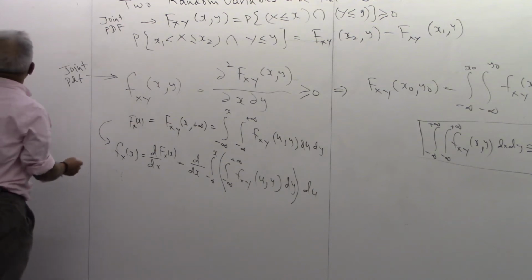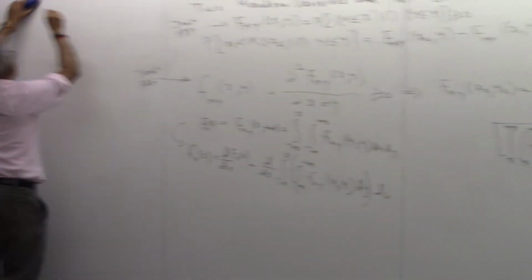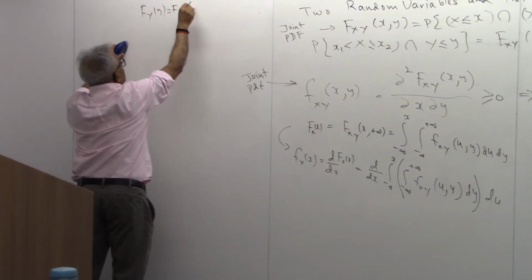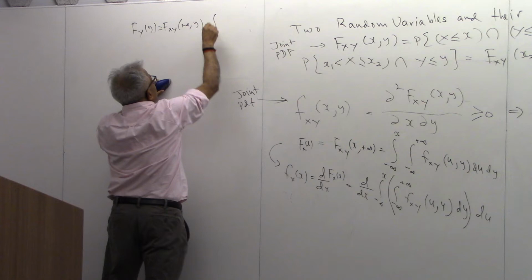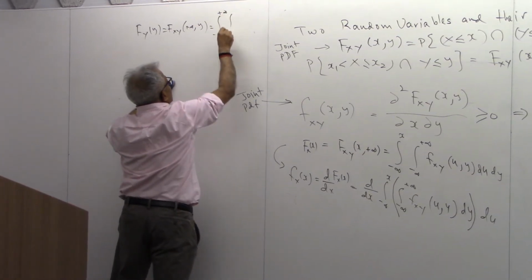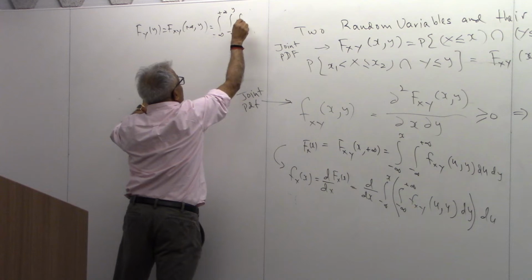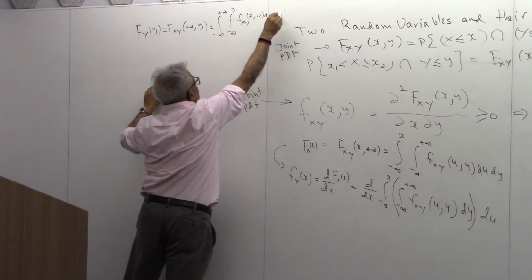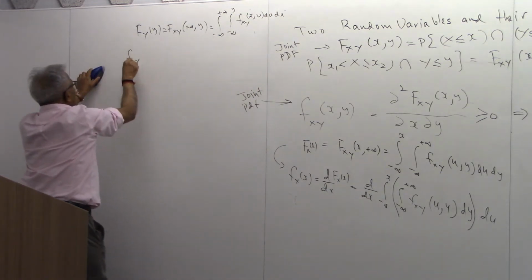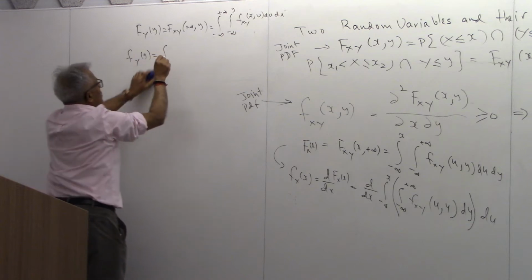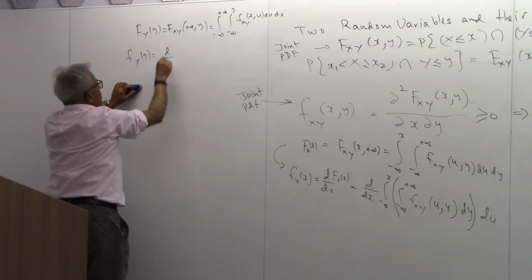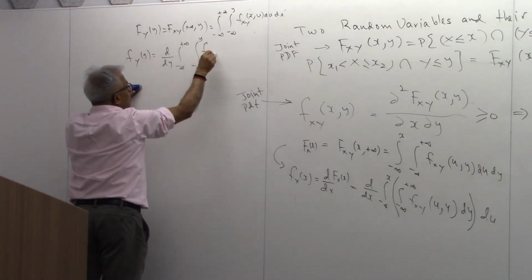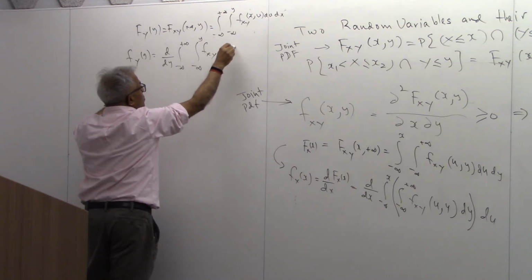So similarly, we should be able to write F_Y(y) as F_XY(plus infinity, y). So f_Y(y) is the derivative of that, d/dy of it. So if you know how to do one, we can do the other one.